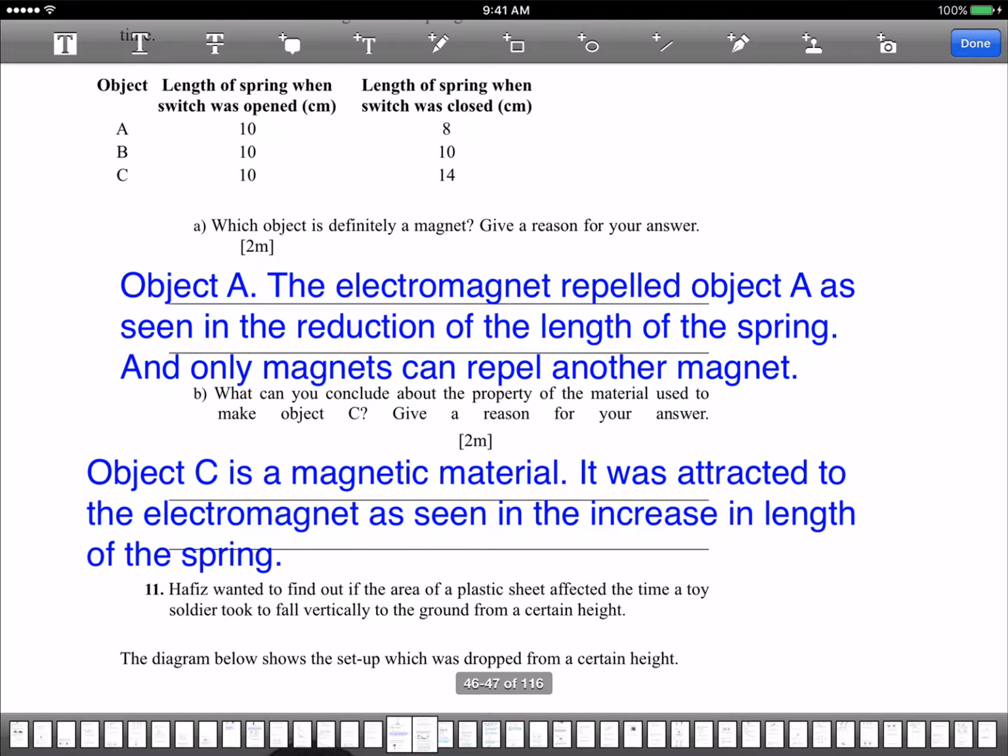The data says that when the spring increases in length, it means that there is attraction. And since there is attraction, it is definitely a magnetic material. That's what we're saying here. Right, next.